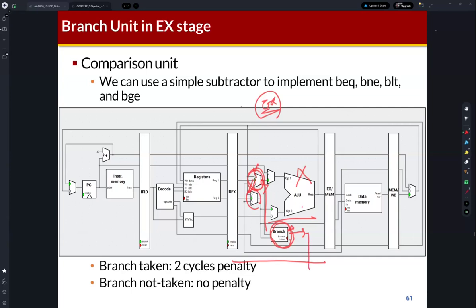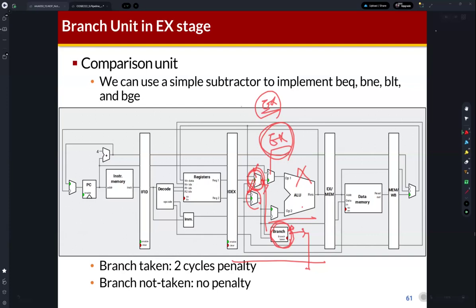Then this result is updated to the PC. So we know the result of a branch instruction when it is in the EX stage, and the target of the branch instruction is reflected when it is in the memory stage.